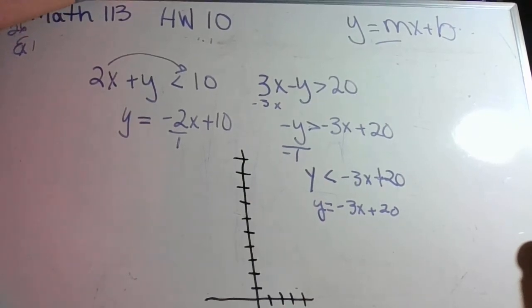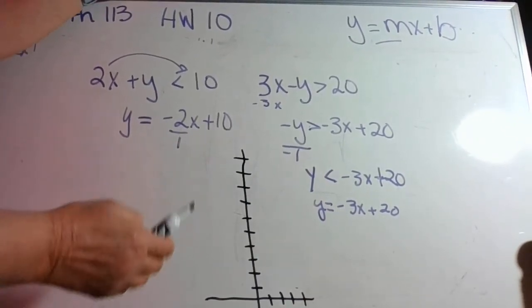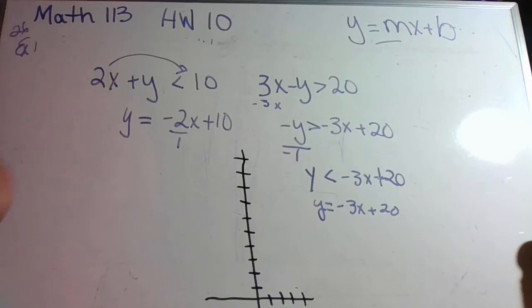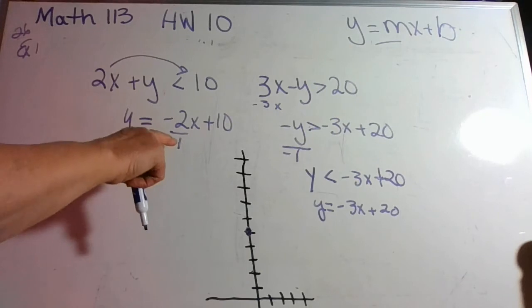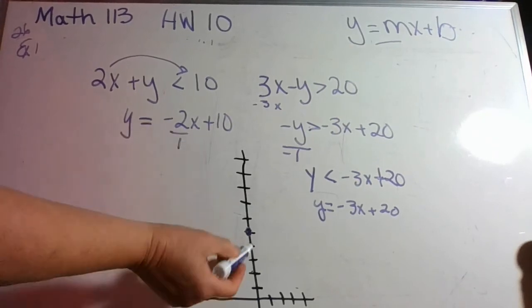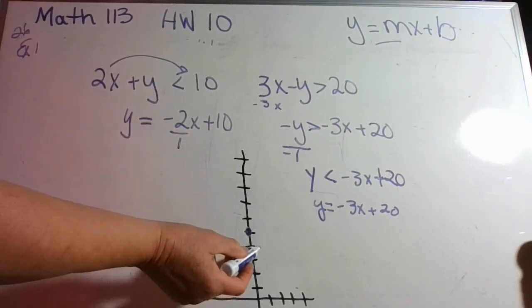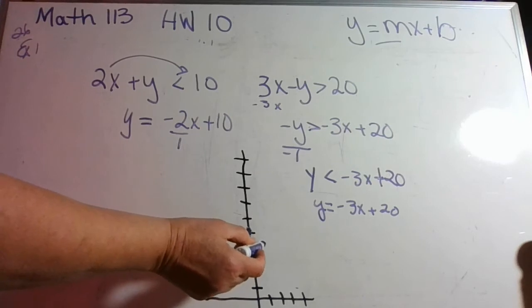All right, so on this one, I'm going to go up 10. See if I can find a different color marker here. I should have been prepared. Well, let's use this one. So I'm going to go up 10, 2, 4, 6, 8, 10. Down 2, so that's just going to be, there's 2, and to the right, 1.